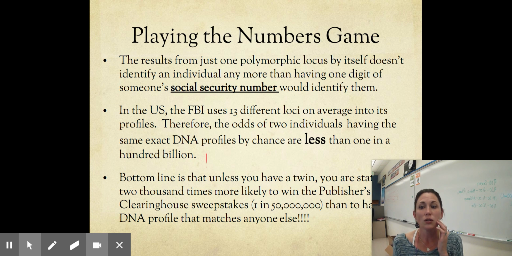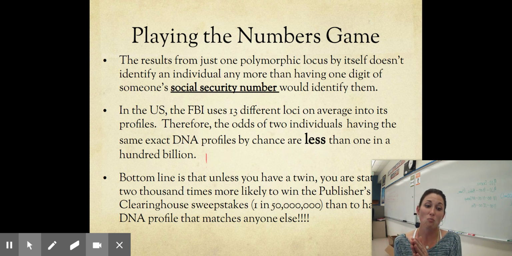If you were to just look at one location on our DNA, perhaps our DNA would be so similar, it would be like sharing a single same digit in our social security number. So it's not very telling. It's not going to narrow it down to a specific individual.